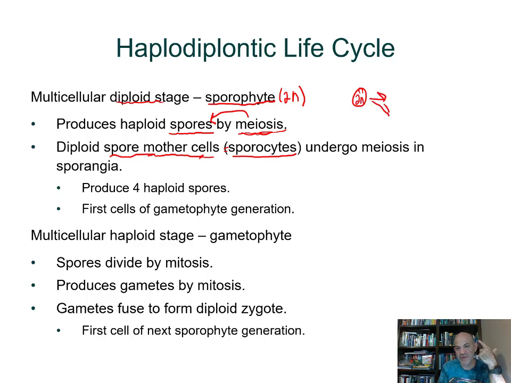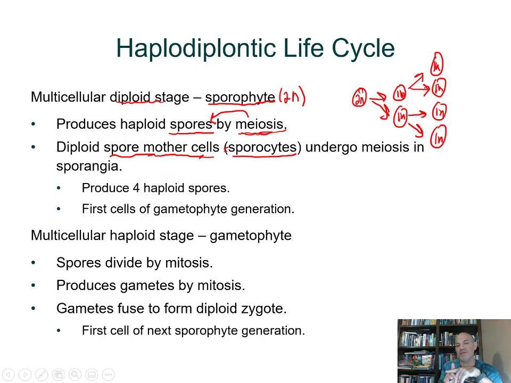So sporocyte and spore mother cells are the special cells that are diploid and go through those two divisions of meiosis. First is the reduction division, producing haploid cells. And then those go through a regular division that just separates the sister chromatids, producing, as was discussed in the prior chapter on sexual reproduction, haploid cells that are all unique genetically because of crossing over and the random alignment of the chromosome pairs.